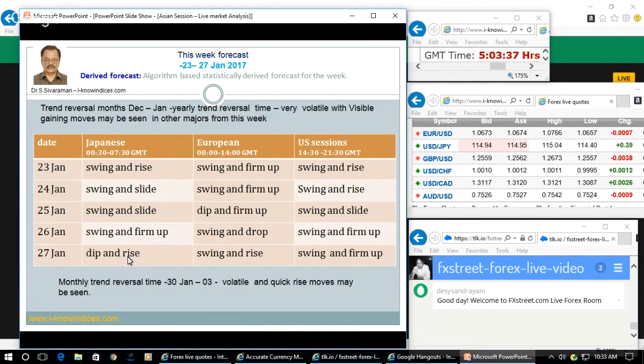Then they are expected to rise in the case of Euro and GBP, and they could gain the level in the case of Euro to start with, followed by GBP. As you see, the net change in the case of Euro is less negative when compared to GBP.